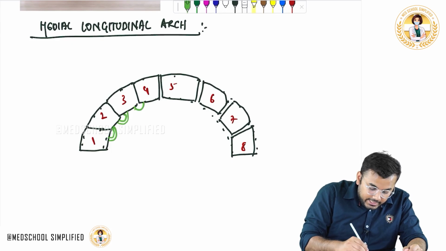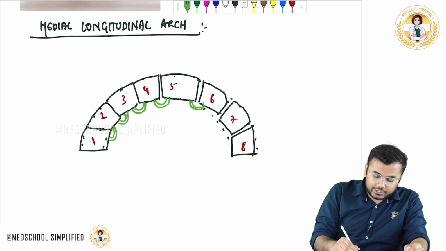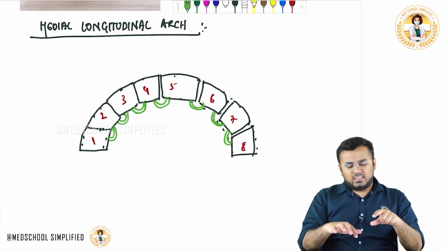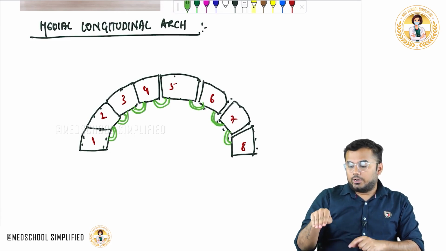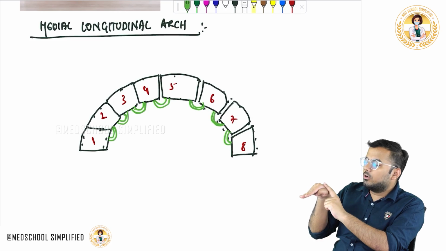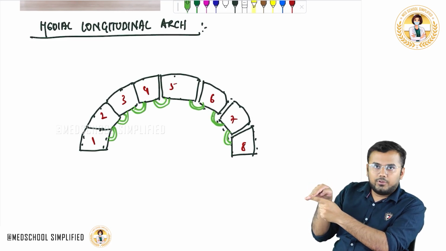So these interconnections are also called intersegmental ties. These interconnections between the two bones are called intersegmental ties. Just compare these with the tarsals. In the lower limb, you have got all the tarsal bones, metatarsals, and phalanges.